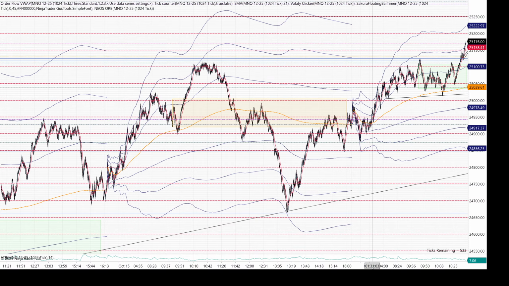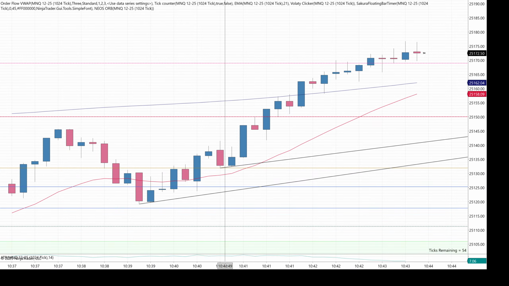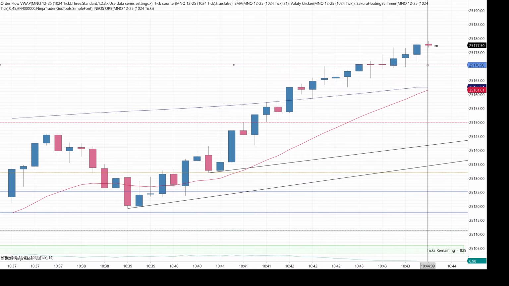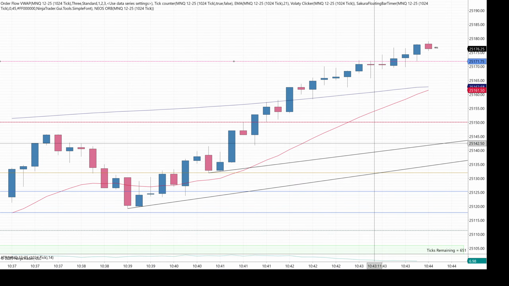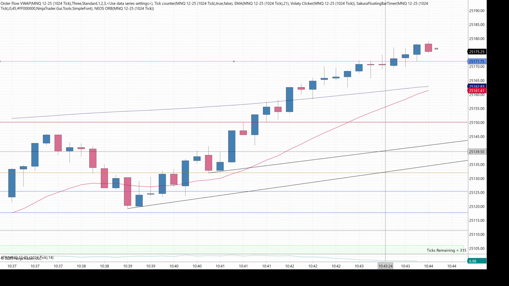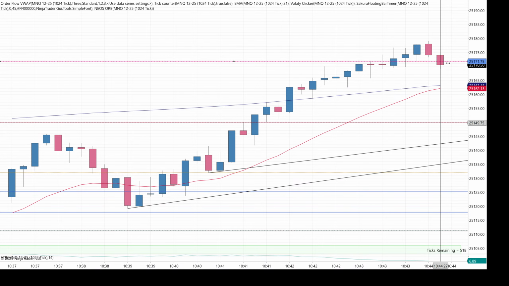Trying to see where we're trying to go here. Potentially 200. There's really nothing in the way. All right, the runner's finally taken out.